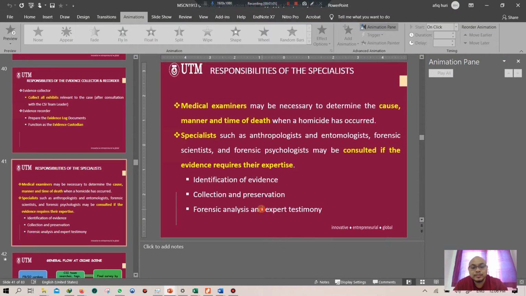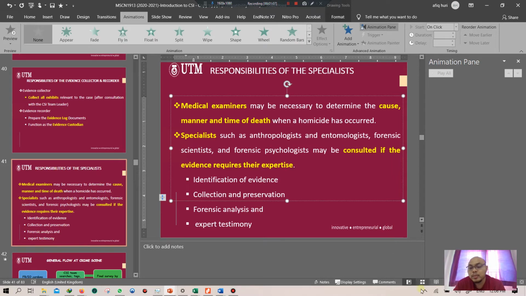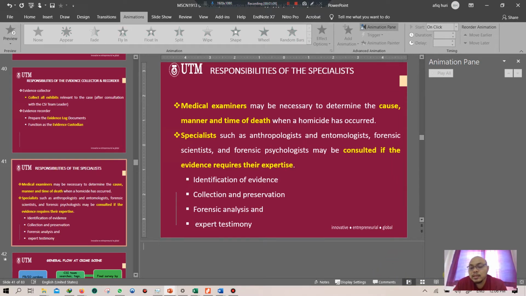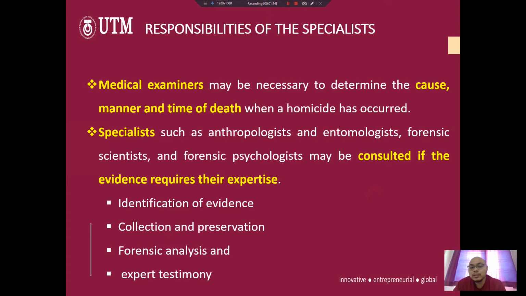So, an extra point: here is the function of the forensic specialist. This kind of question can be asked: please state the function of forensic specialists such as anthropologists and so on. So you need to be able to describe all of them.